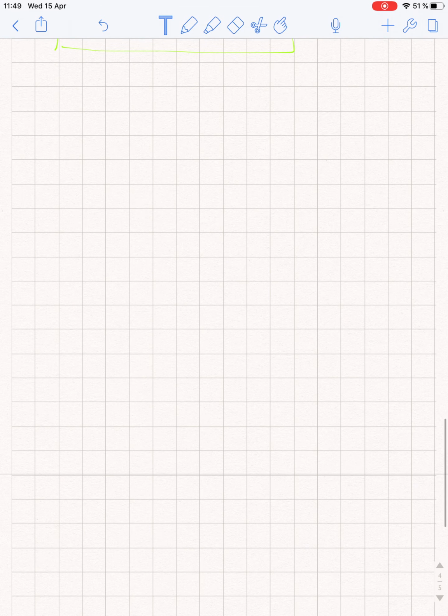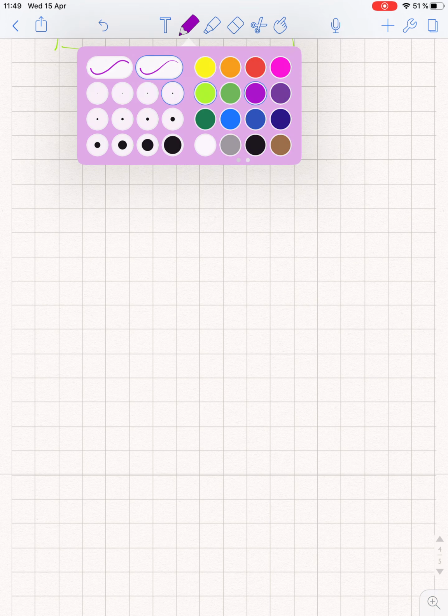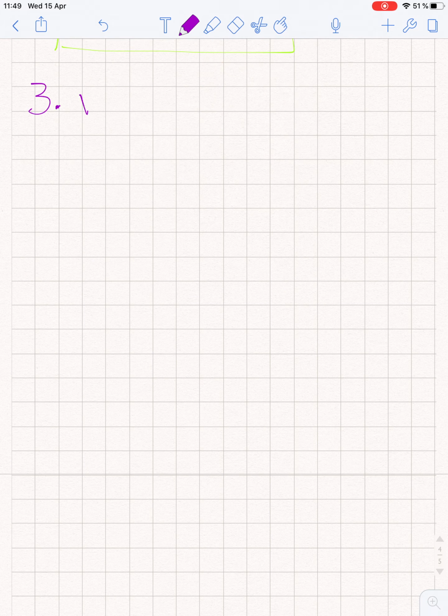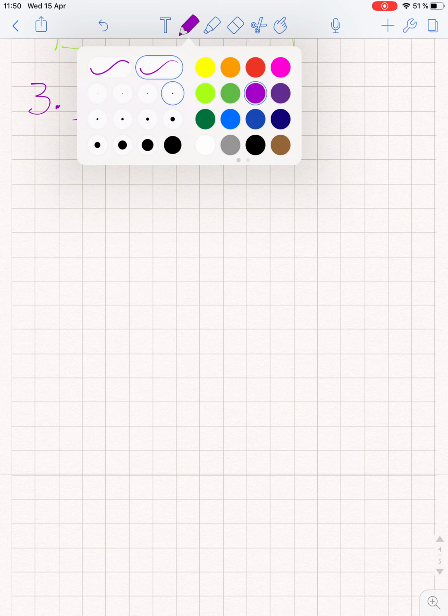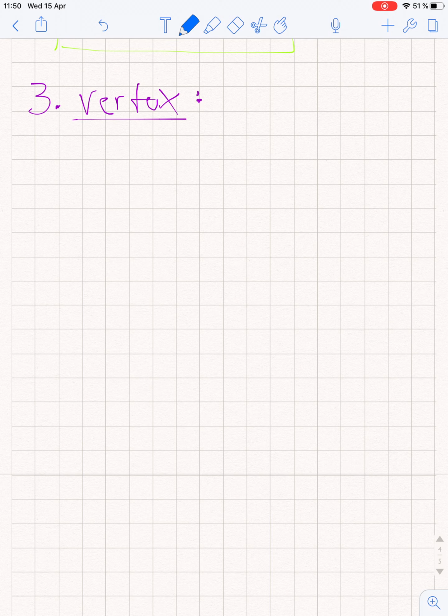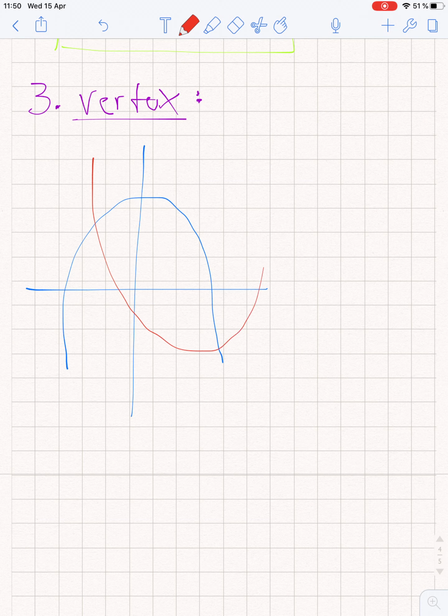And finally, the third point is the vertex. The vertex, by graphing again a quadratic equation, for example, I'm going to use this one. I'm going to do two different curves, okay? And this one.